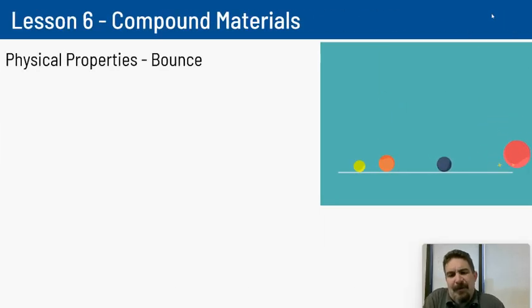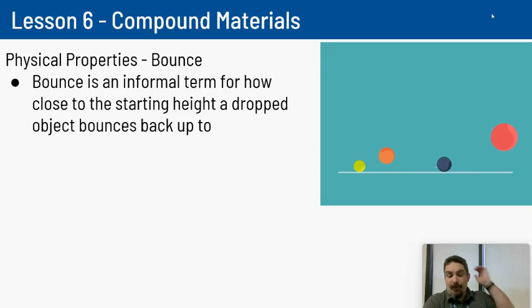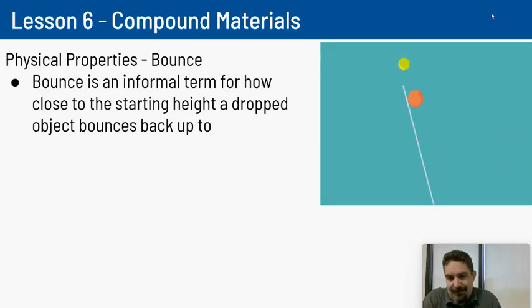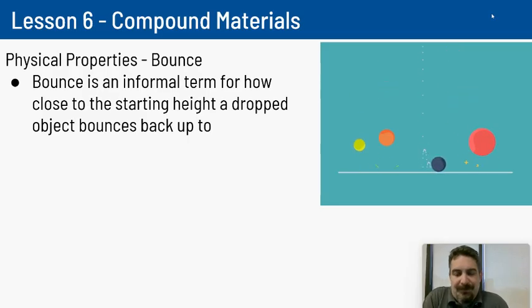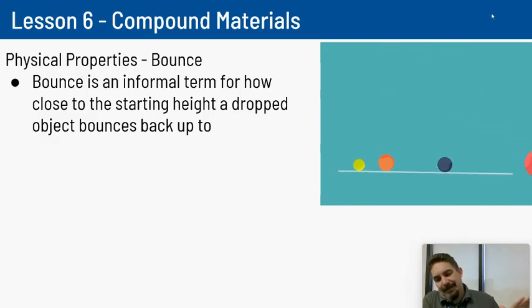Another property, colloquially, just to say it easily, is bounce, which is informal. It's not a very technical science term, but it's useful to describe it this way. And bounciness is how close to the starting height a dropped object bounces back up to. Basically, if you have a rubber ball and you just let go and it hits the ground, it bounces most of the way back to where you dropped it from.